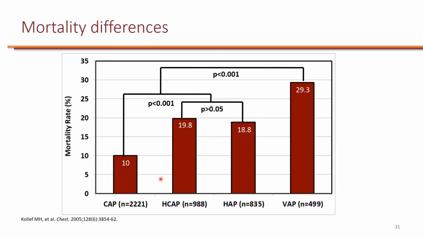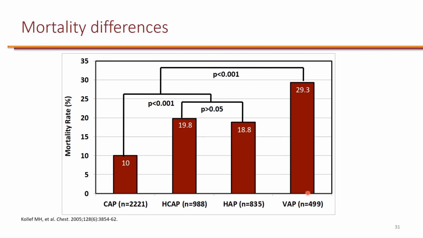Now keep in mind that the severity of illness is different in different types of pneumonia. So here on the y-axis you can see the mortality rate. So in community-acquired pneumonia, the mortality rate in this study was about 10%, which was significantly lower than a mortality rate in nosocomial pneumonia.